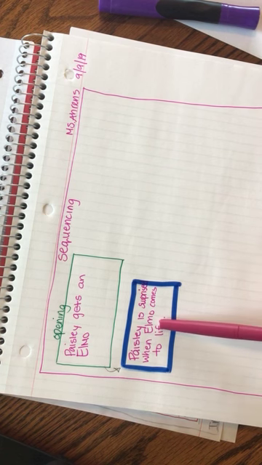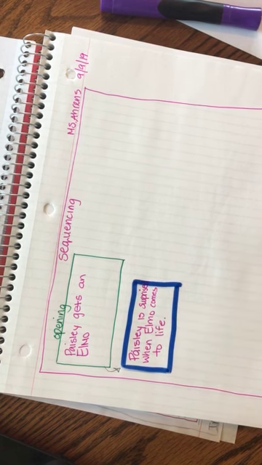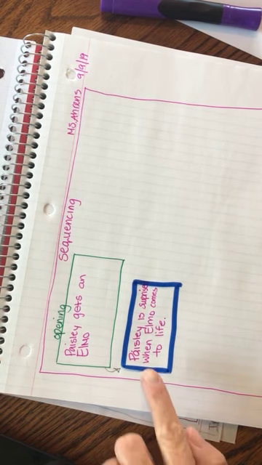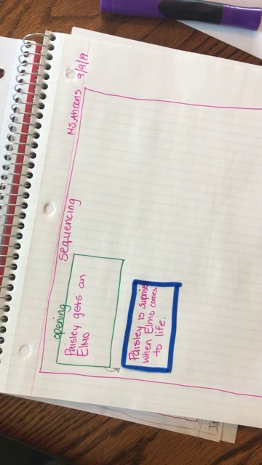And we know that Elmo cannot come to life. Elmo is not real. So that's a good piece for my imagination and a nice element of the story for my readers.